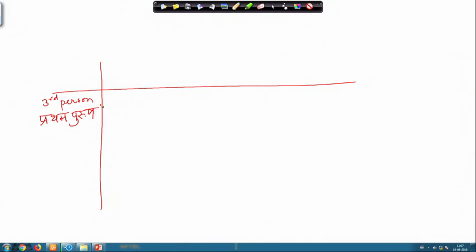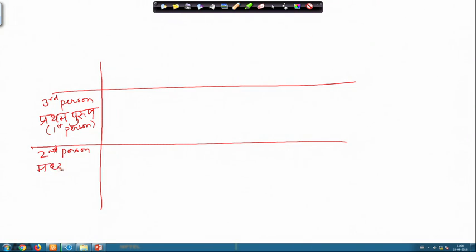Prathama Purusha literally means the first person, but it is actually the third person for the English. So be sure that you are not confused there, alright. And then we have the second one, which is the second person, known as the Madhyama Purusha, which is the middle person.